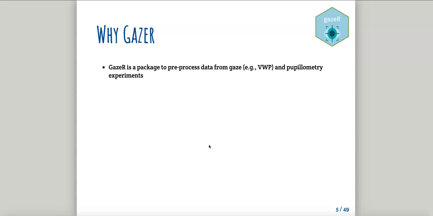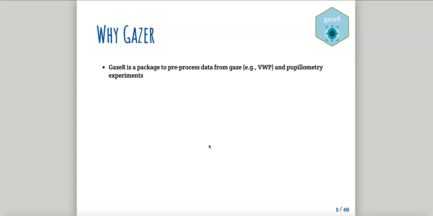To provide a little background, as a grad student, I struggled to find good tutorials on analyzing pupil data. I couldn't even find anything that was accessible to me as a starting out grad student interested in pupillometry.